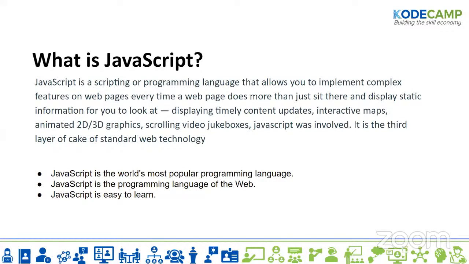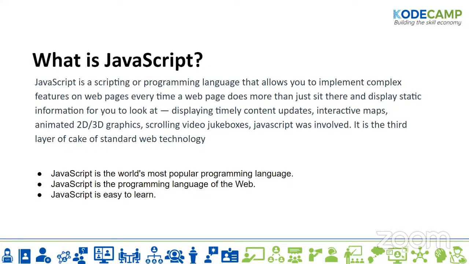So like I have on my screen, to display timely content updates. Something like Twitter now, you go there, the moment you keep your eyes on it, you see new stuff has come in. So it's JavaScript doing something behind the scenes.